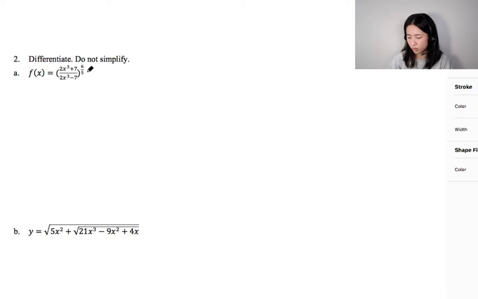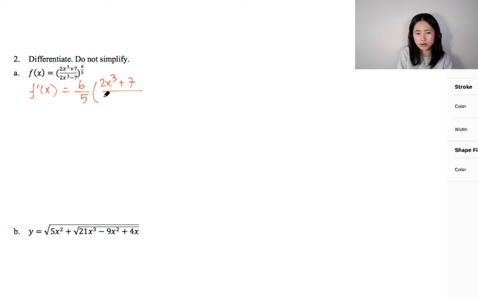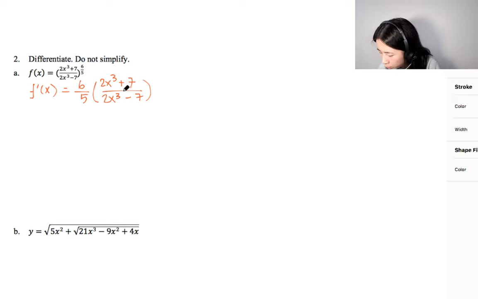Based on the chain rule, you're bringing down your exponent, so it's 6 over 5 multiplied to the one inside, 2x cubed plus 7 over 2x cubed minus 7. And then you're taking 6 over 5 minus 1, so this is 1 over 5, right?